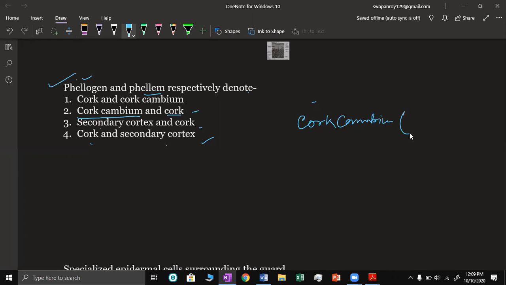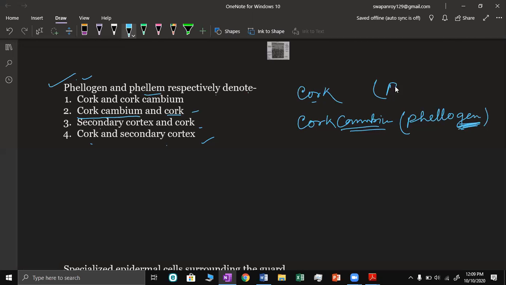Its alternate name or synonym is phellogen. Gen means which generates, that is, which produces. That's why it is the cambium. Cambium produces new tissue cells. So cork cambium produces cork.